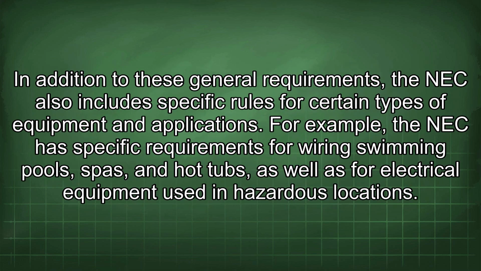In addition to these general requirements, the NEC also includes specific rules for certain types of equipment and applications. For example, the NEC has specific requirements for wiring swimming pools, spas, and hot tubs, as well as for electrical equipment used in hazardous locations.